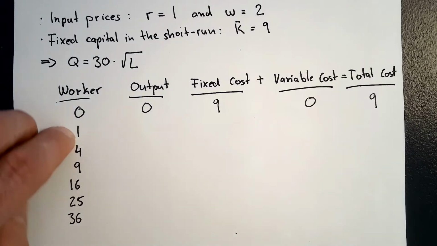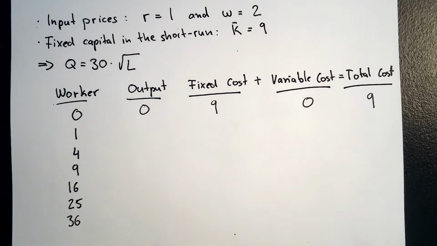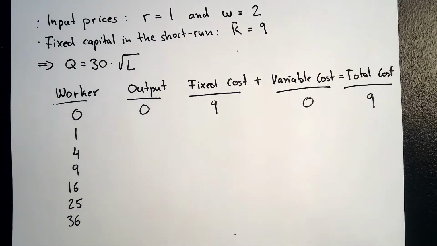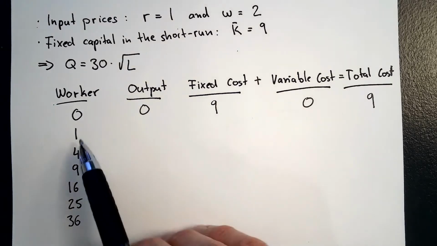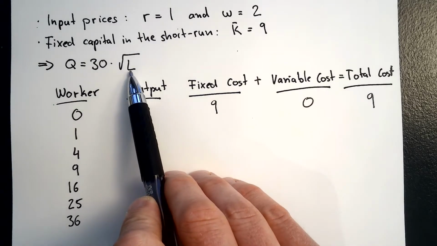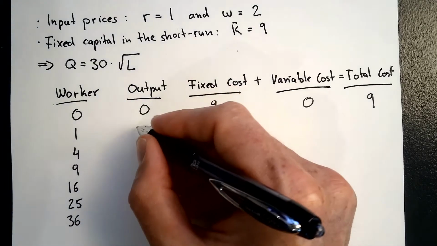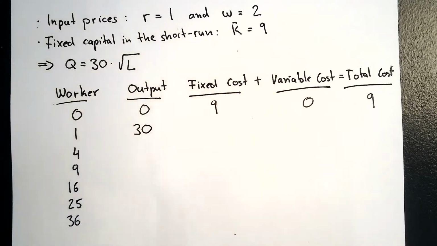Now, what if we employ one worker? That worker is going to produce output in combination with the capital. So we have the square root of 1, which is 1, times 30. We have an output of 30.